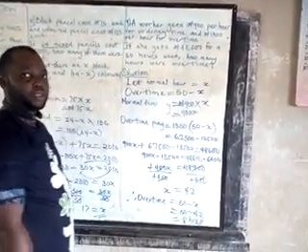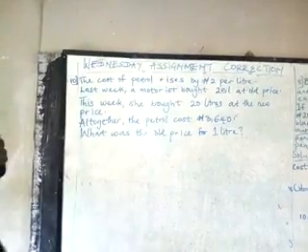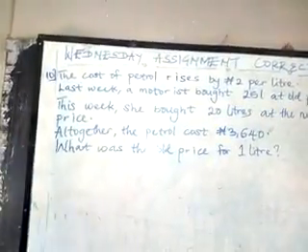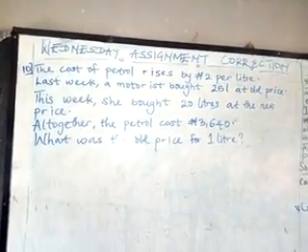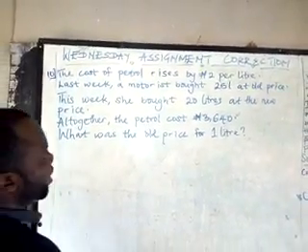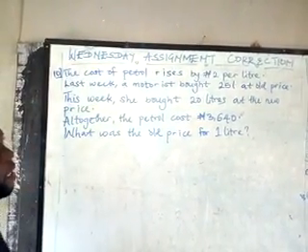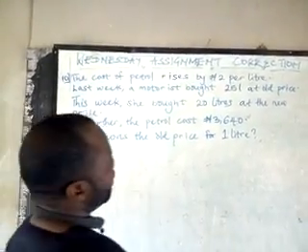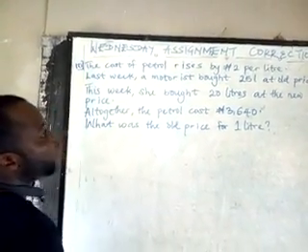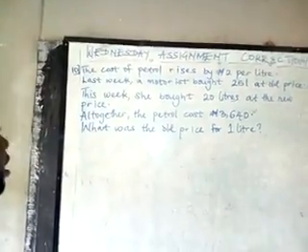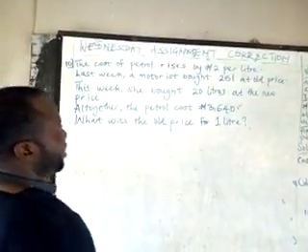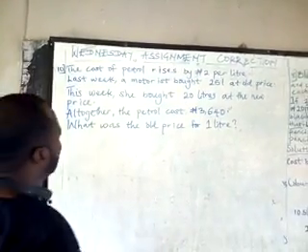Let's go to number 10. Question. The cost of petrol rises by 2 naira per liter. Last week, a motorist bought 25 liters at the old price. Amount per liter we do not know.